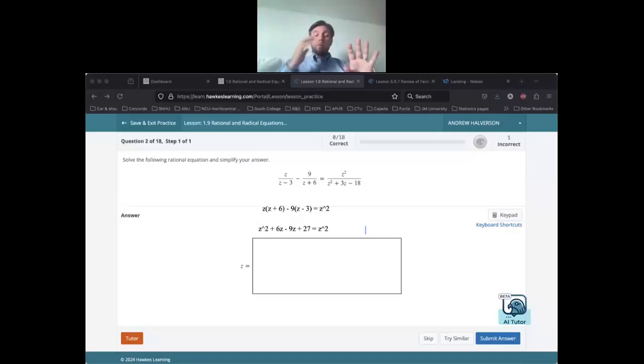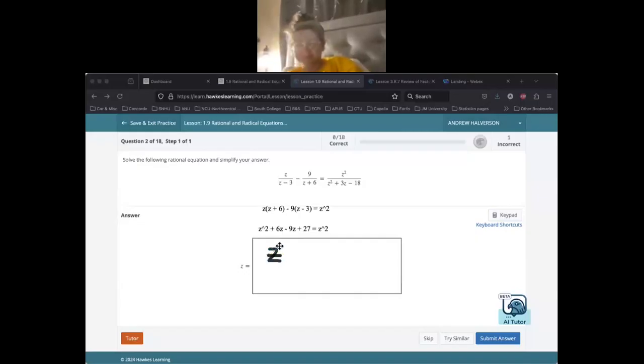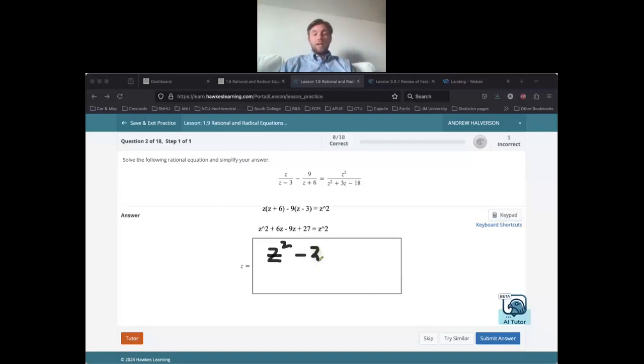We can combine those like terms, can't we? When we combine like terms, you get a trinomial. So we get z squared, 6z minus 9z is minus 3z. Bring down the 27. And the right side is still the z squared.